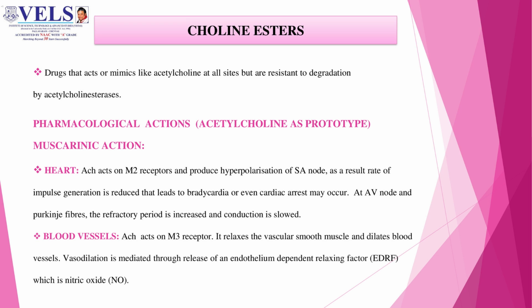Blood vessels: acetylcholine acts on the M3 receptors. It relaxes the vascular smooth muscle and dilates the blood vessels. This vasodilatation is mediated through the release of the endothelium dependent relaxing factor, that is nitric oxide.